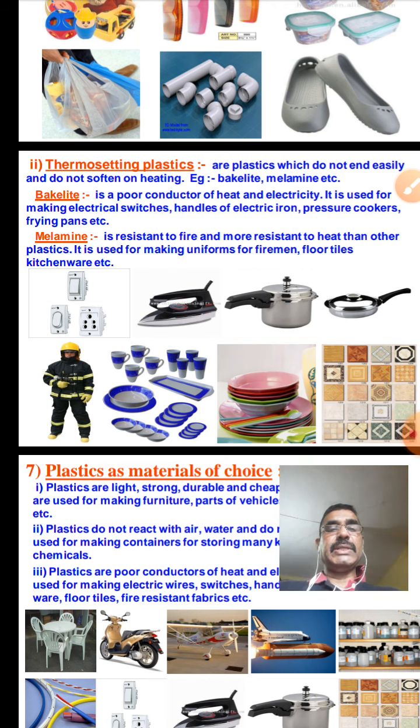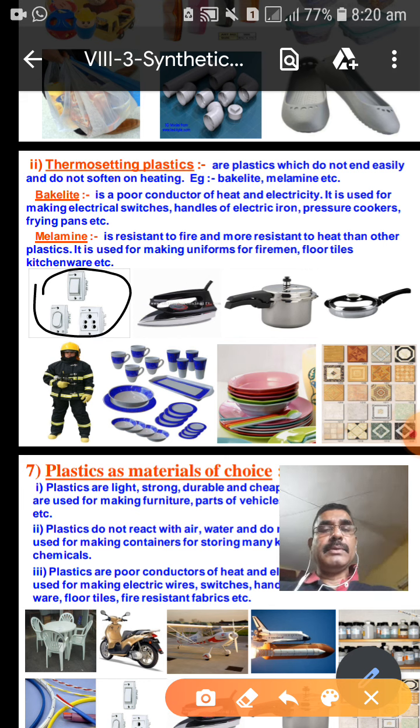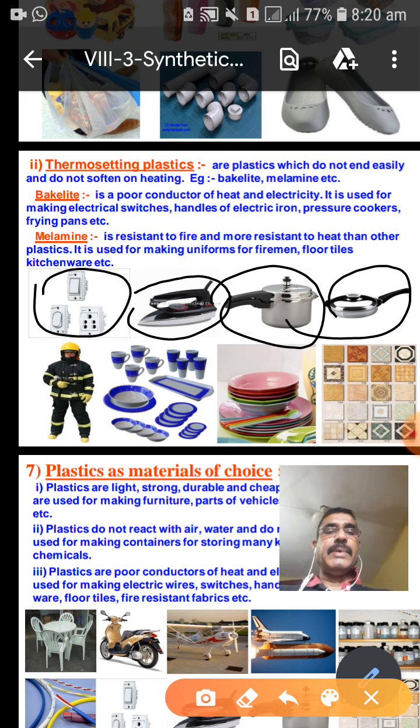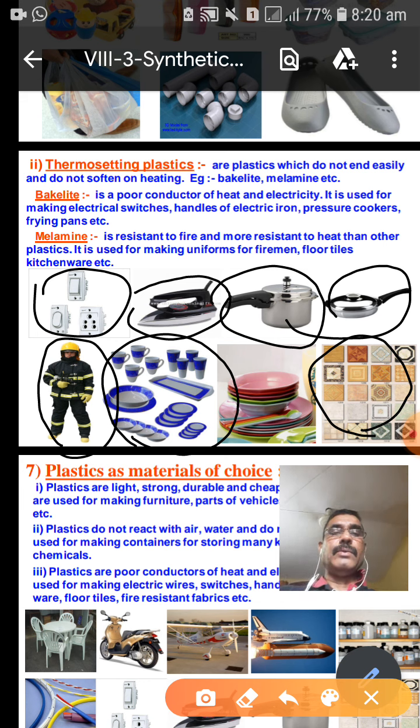So the picture shows the materials that can be made from thermosetting plastic like switches, switch holders, then handles of electric iron, cooker, frying pan, then uniforms for firemen, then kitchen utensils, then also floor tiles. So these are the materials that can be obtained from thermosetting plastic.